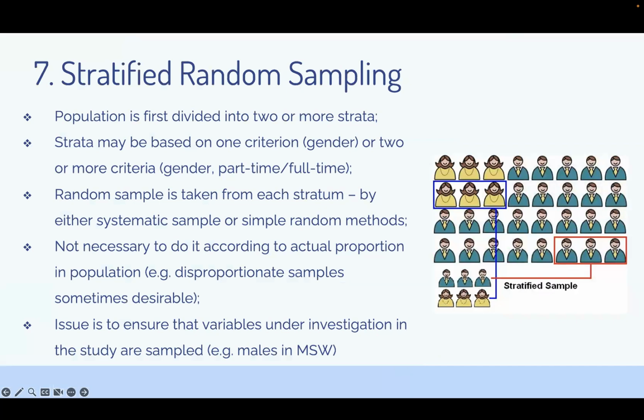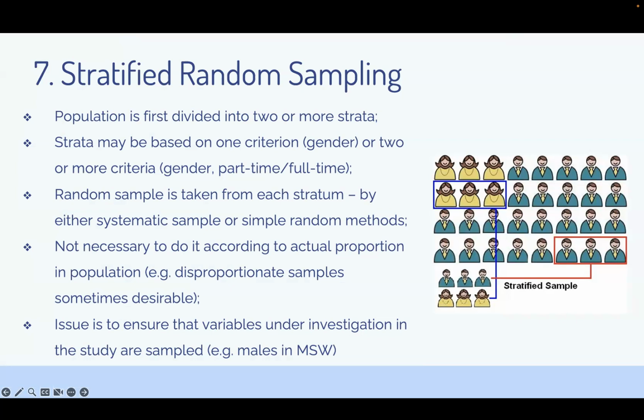Another one is stratified random sampling. So picture this. You've got a big bowl of mixed nuts, and you want to make sure every handful includes all the different types. So you sort them out first, almonds, cashews, pecans, and then grab a few from each pile. That's what we do in stratified random sampling.